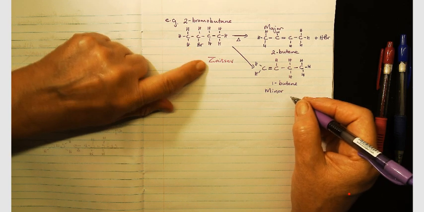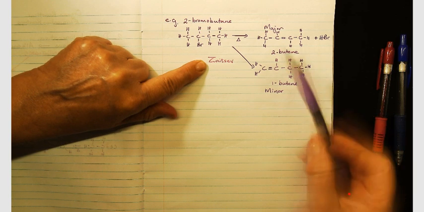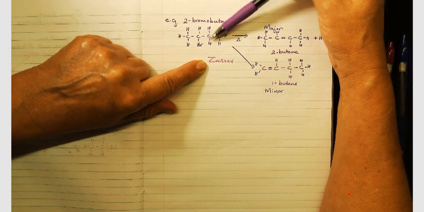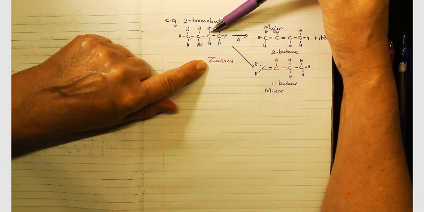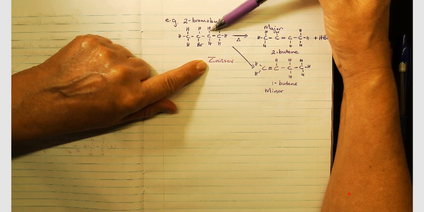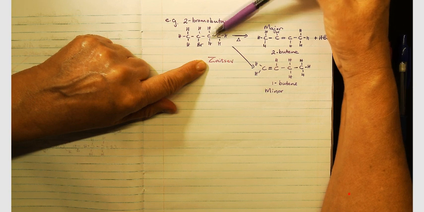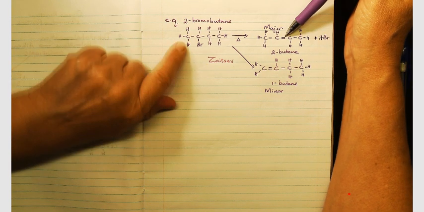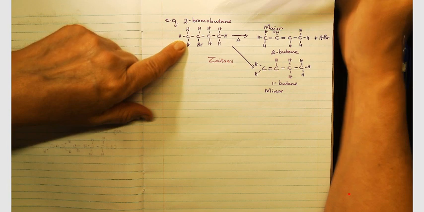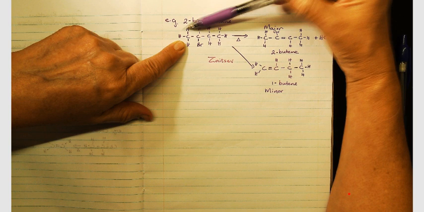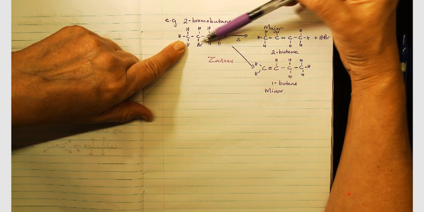Zaitsev's rule says that where we are going to remove the bromine, the most likely product will be the alkene that involves the removal of a hydrogen atom from the carbon with fewer hydrogen atoms. So 2-butene is the major. It's also possible that the hydrogen can be removed from the adjacent carbon with 3 hydrogens, so that would be 1-butene.